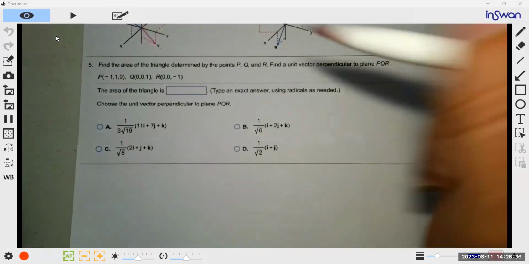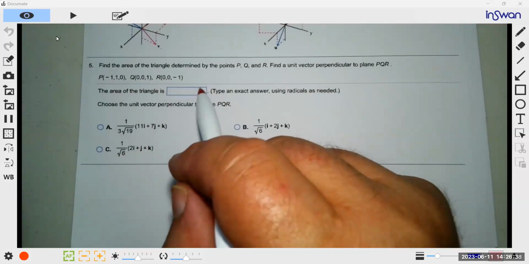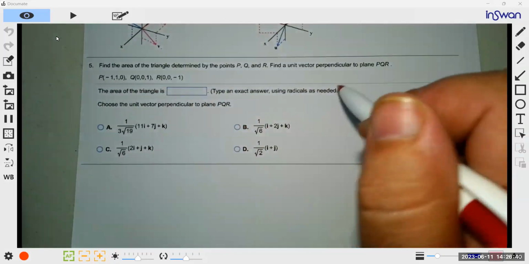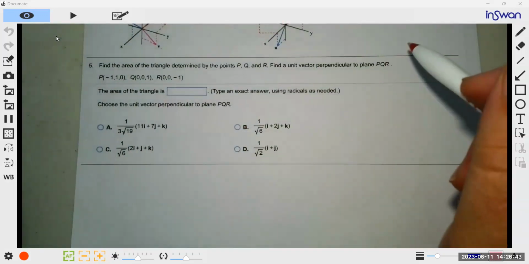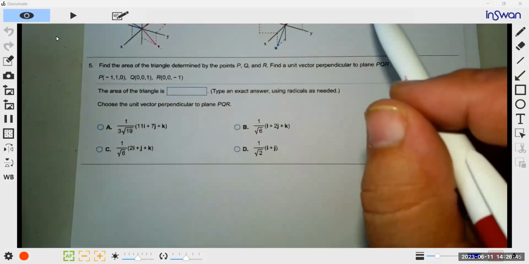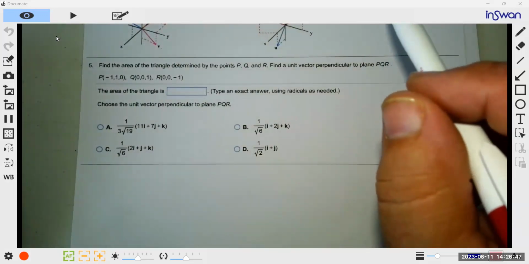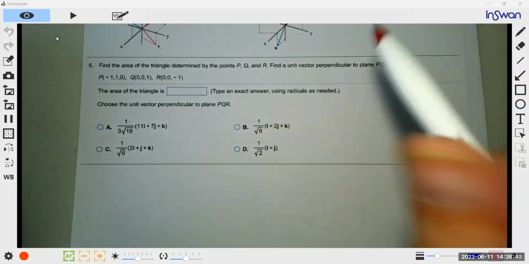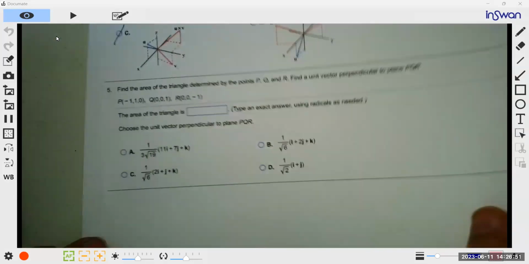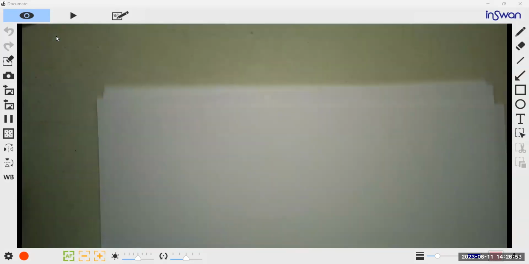Five. Find the area of the triangle determined by the points PQR. Find the unit vector perpendicular to the plane PQR. All right, so it's going to be some calculations. So let's look at the sheet.